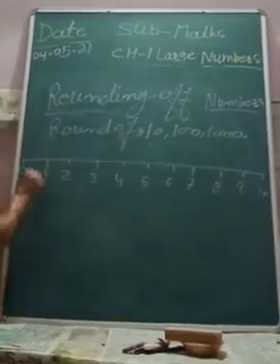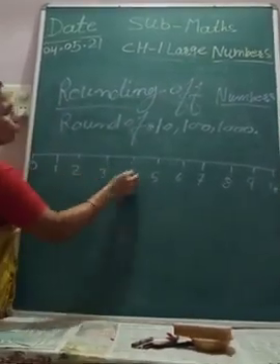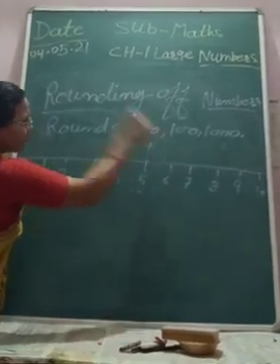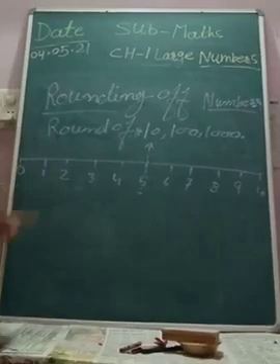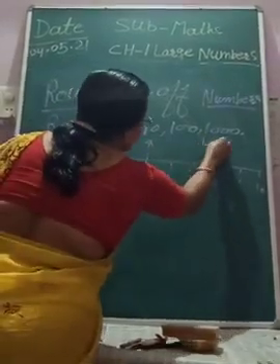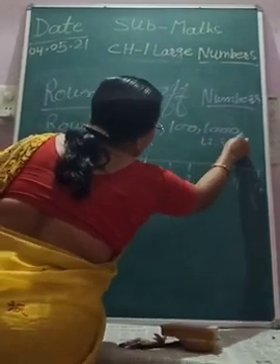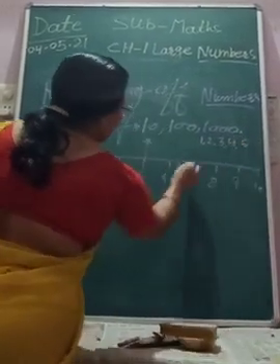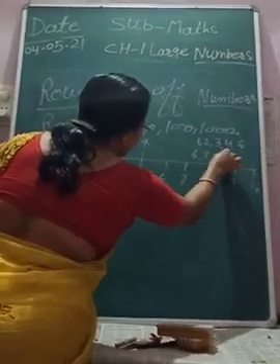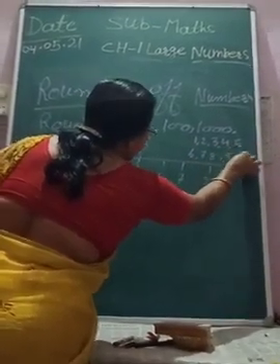After that, now see, 0, 1, 2, 3, 4, 5. This one is the middle one. I have made two groups. In one group there will be 1, 2, 3, 4 and 5. And in the second group there are 6, 7, 8, 9 and 10.